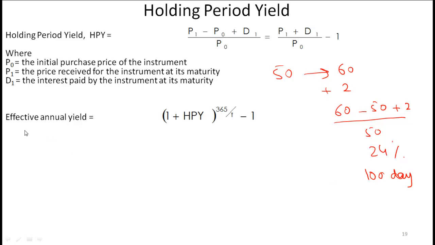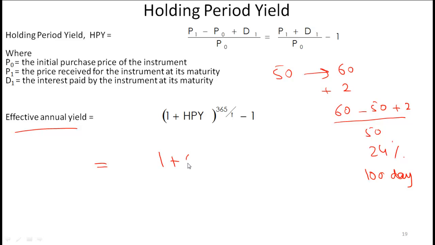What is the effective annual yield? So to get the effective annual yield, you use this formula. Effective annual yield is 1 plus holding period yield raised to the power of 365 over t, minus 1. So let's plug in the numbers. Holding period yield in our example was 24%.